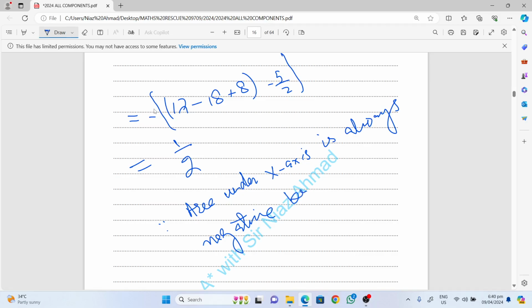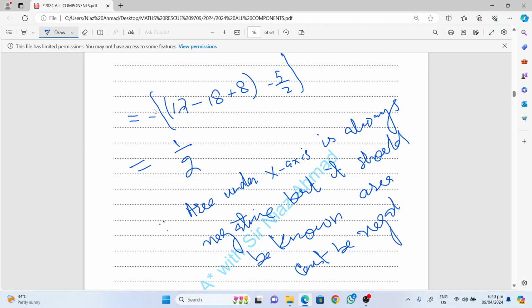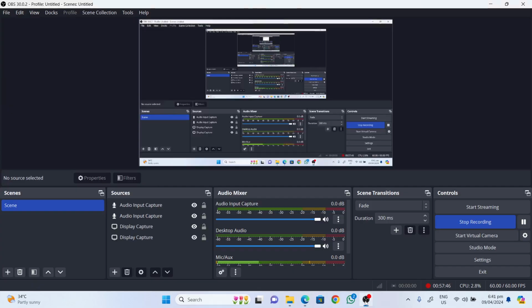But remember this thing, but it should be known. Area can't be negative. That's it about paper Pure Maths PU 1 2023.